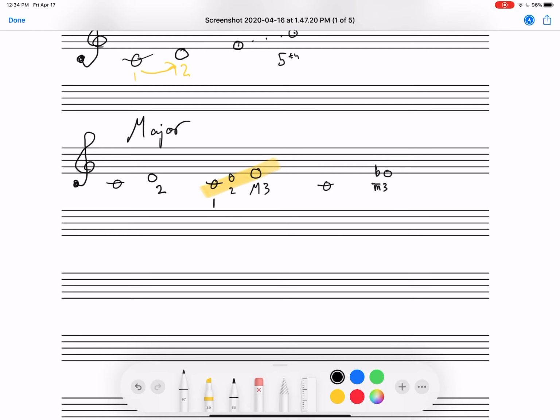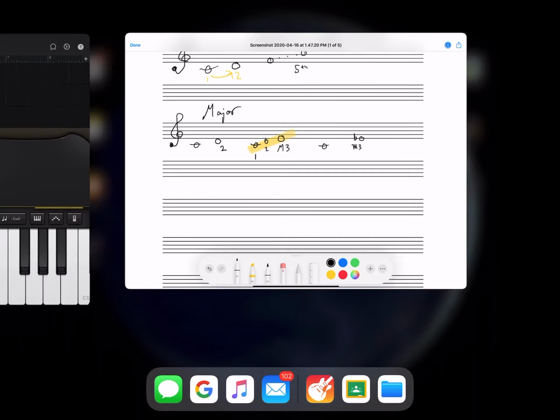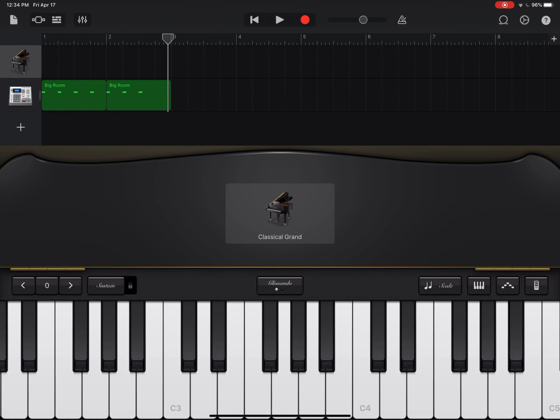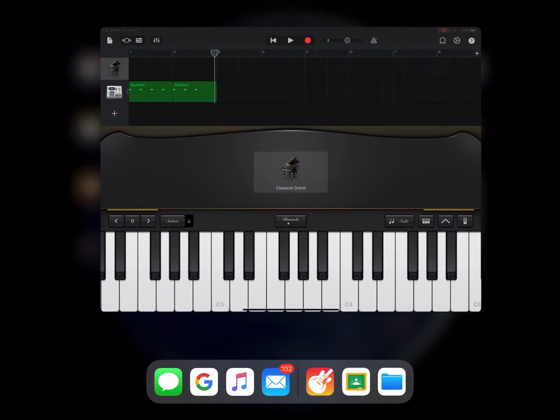All right, so all I did here is bring the note down a half step. So I went from C to E flat instead of C to E. If we go to our keyboard, here's our major third, and then our minor. So we have that different flavor, that different sound there.